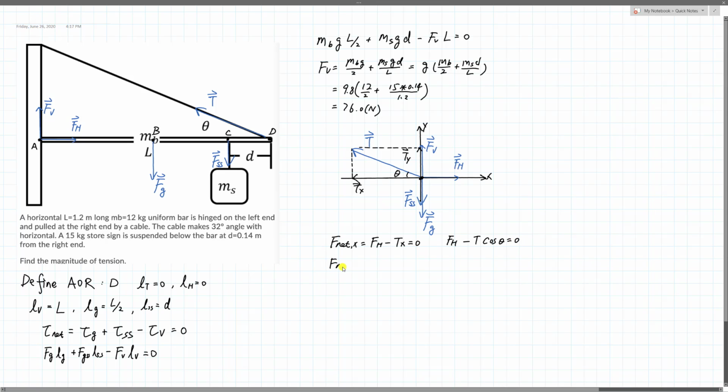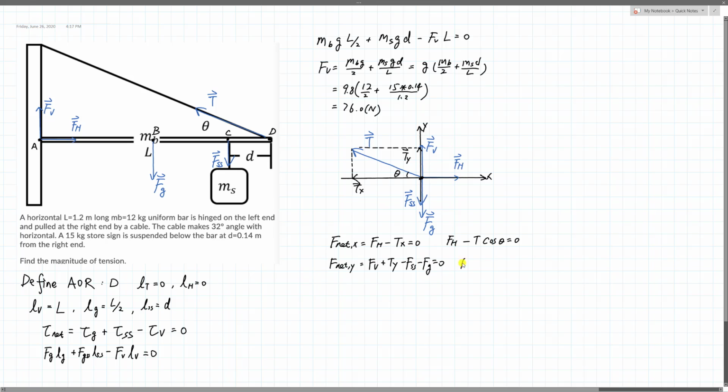And from net force in Y, we have quite a few: the vertical hinge force, the tension's vertical component, and two downward forces. And that's also equal to 0.